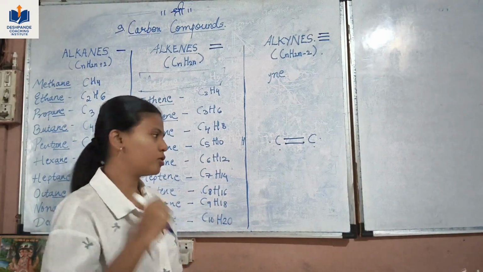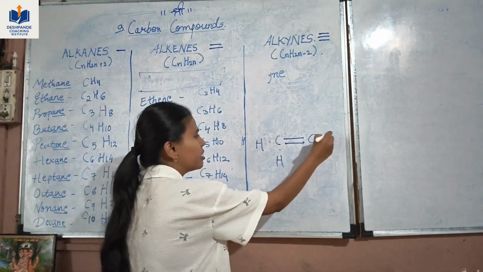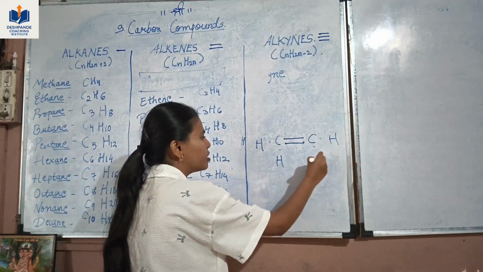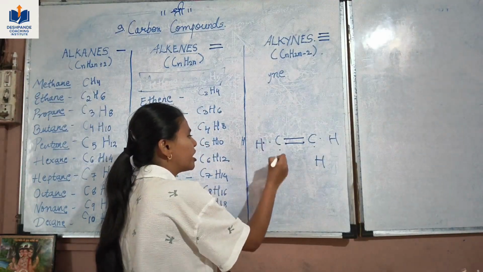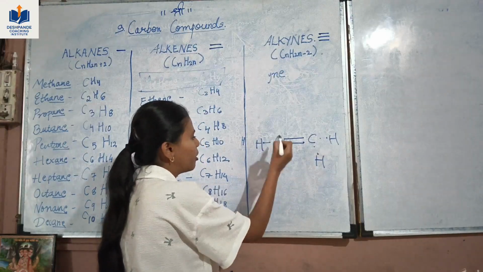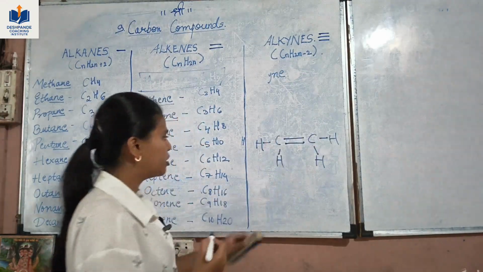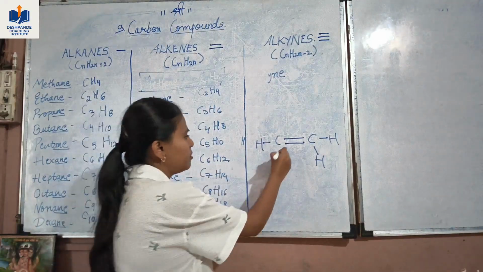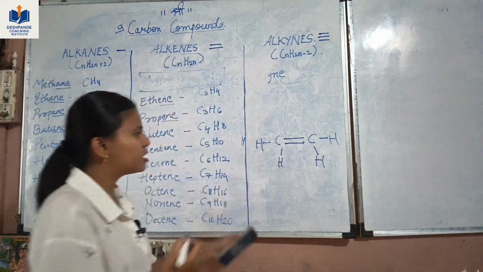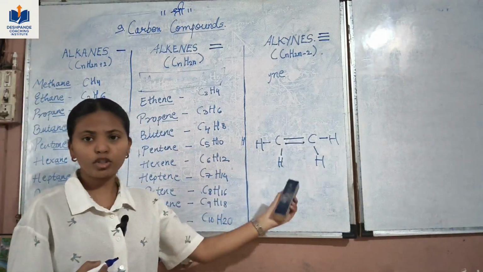We need 2 electrons to form a bond. Now 1 hydrogen comes from here, 1 hydrogen comes here, 3rd hydrogen, 4th hydrogen. Each shares their 1 electron and hence here a bond is formed, here a bond is formed, here a bond is formed and here a bond is formed. So this is the structural formula for ethene, C2H4.